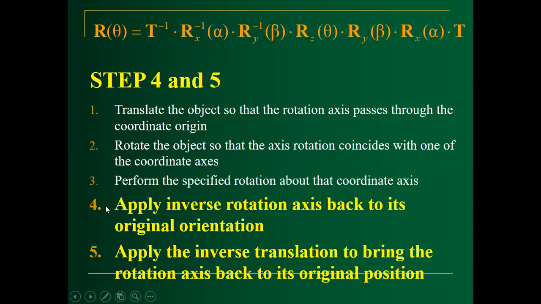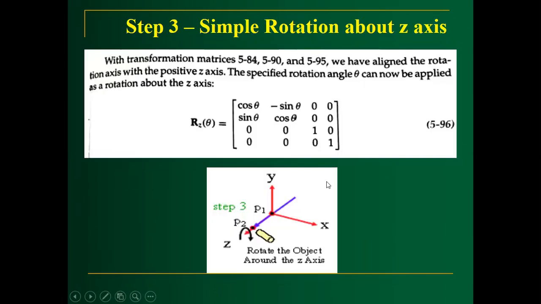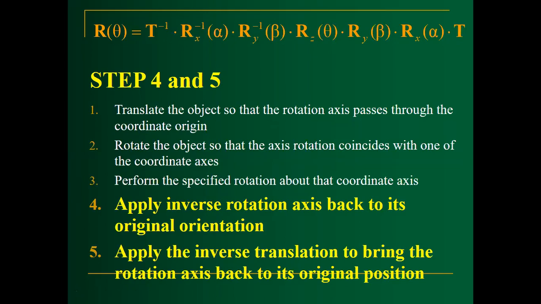Fourth step, apply the inverse rotation and inverse translation. Before this, step 1 is done, T, Rx of alpha, Ry of beta is done, 2a, 2b, Rz of theta is done, that is the previous step. This is the one, Rz of theta. Now the last steps, that is inverse rotation, inverse translation.